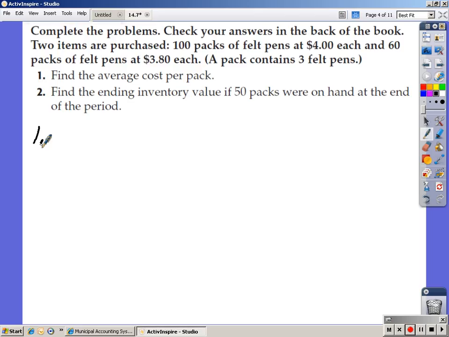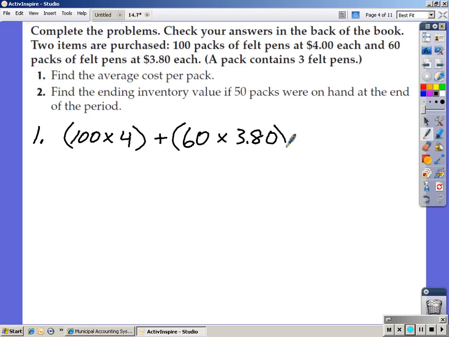Well, you buy 100 packs at $4 each, plus you buy 60 packs at $3.80 each. You're going to divide that by how many packs total you purchased, which is 100 plus 60.